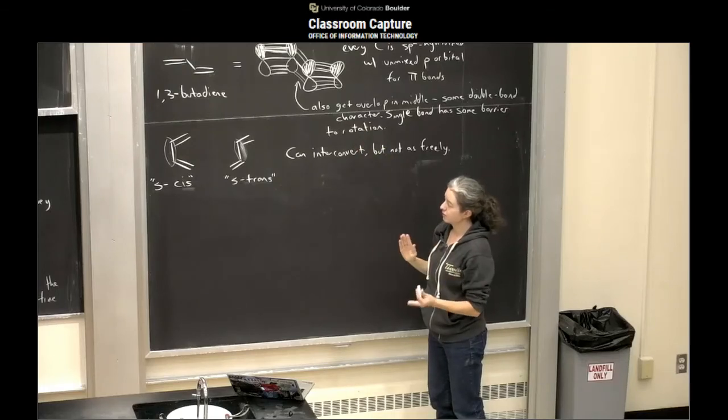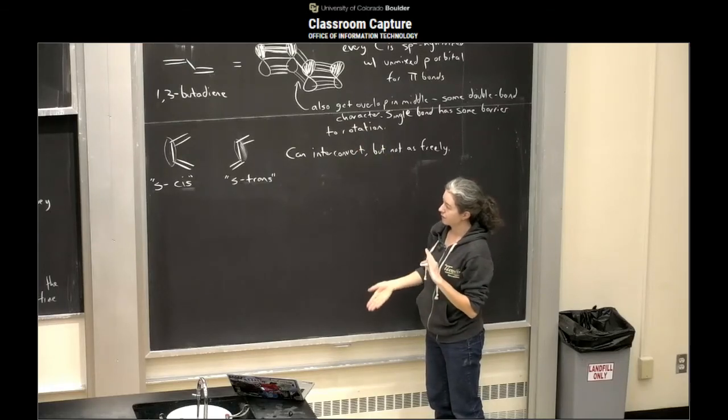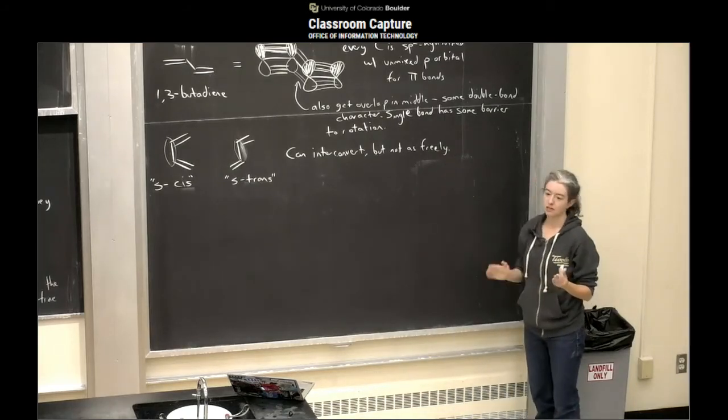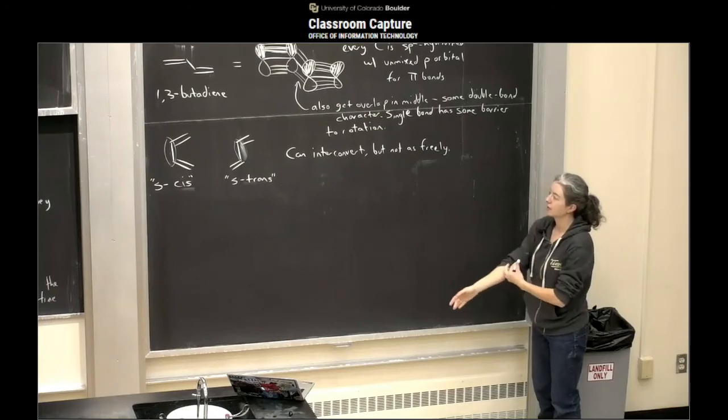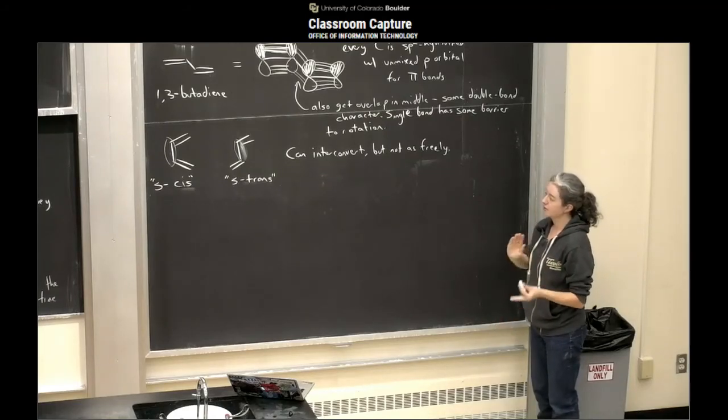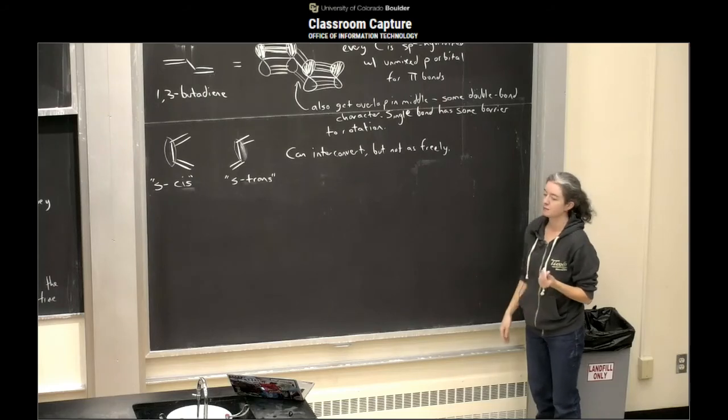As soon as you get the two ends of it sort of not coplanar, where they're like perpendicular or somewhere in between, then it loses that energy stabilization. And so it's got sort of a penalty for going out of plane, even if it's only for a little bit. So it sort of has the two states that it can click back and forth between and spends most of its time there.